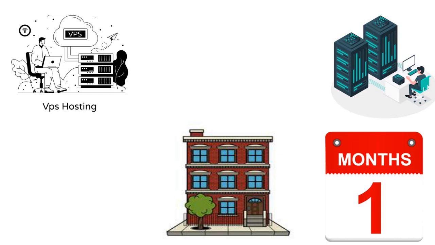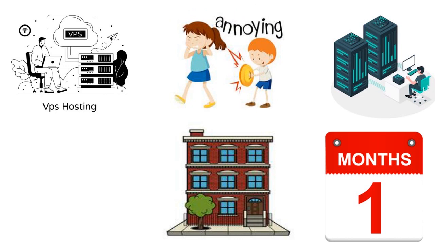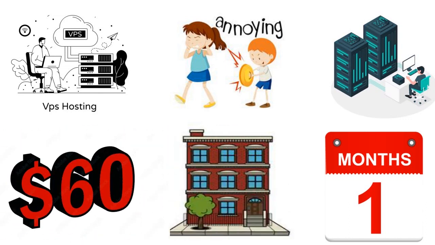It is still possible that a neighboring apartment could cause annoyance for you, but far less likely. So in web hosting terms, site A's traffic surge will not have nearly as much impact on site B or site C. And as you can expect, VPS hosting costs more than shared hosting. Expect to pay roughly $20 to $60 per month, depending on the service.